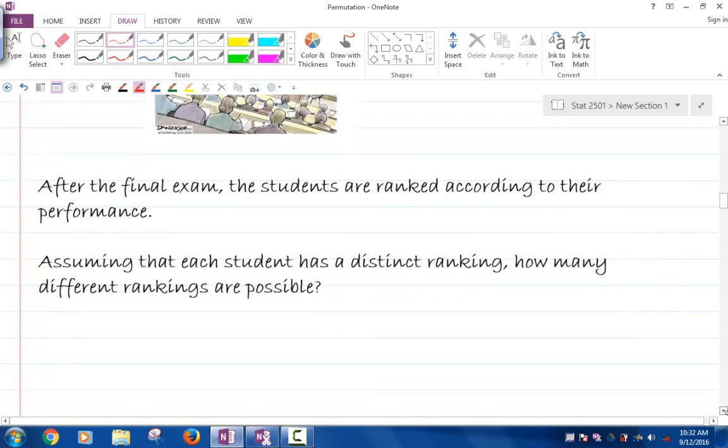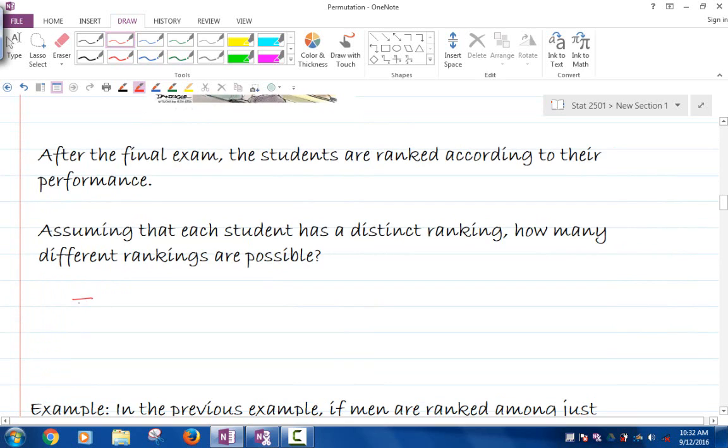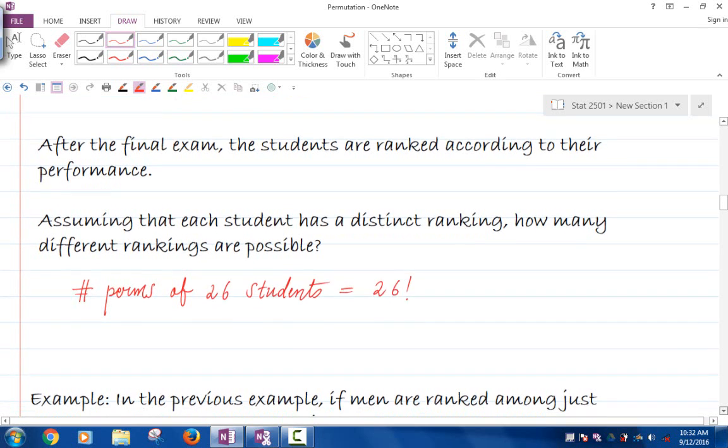And so the answer is the number of permutations of 26 students, which is 26 factorial.